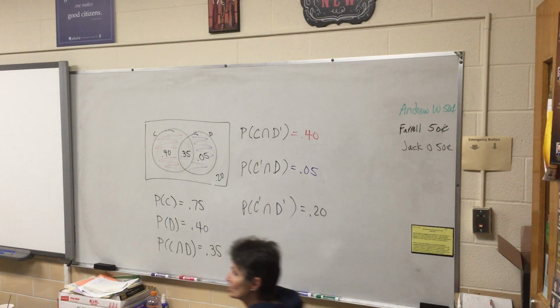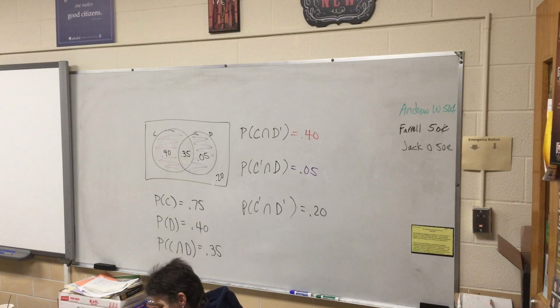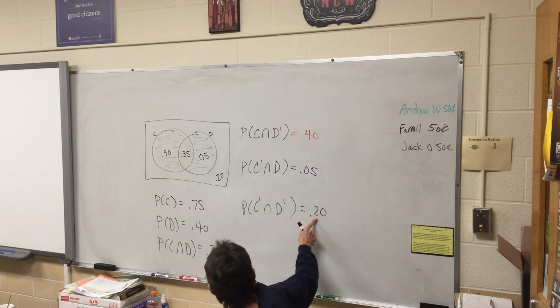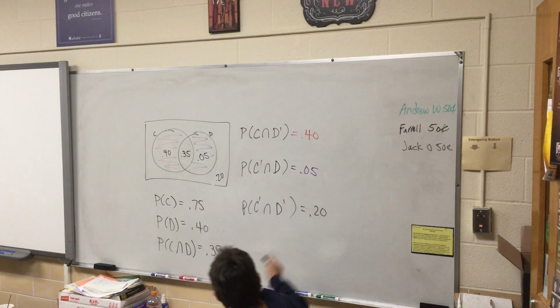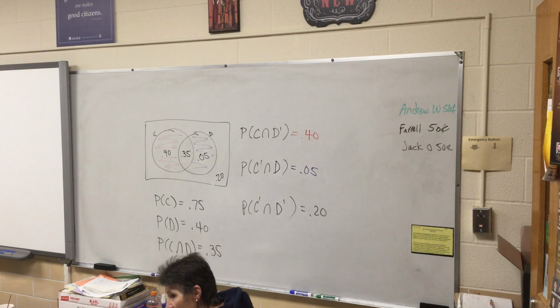And so if the question said, what's the probability of picking a kid who doesn't like donuts or cookies, you would say 20%. These are probabilities of liking donuts or not liking cookies or whatever. Anybody have a question about that?